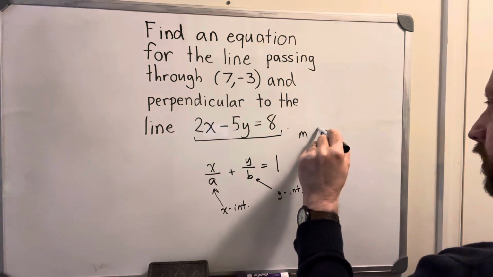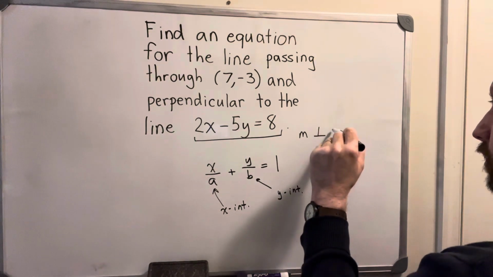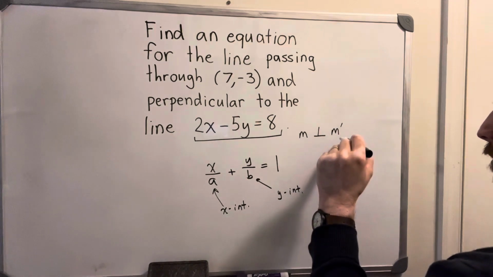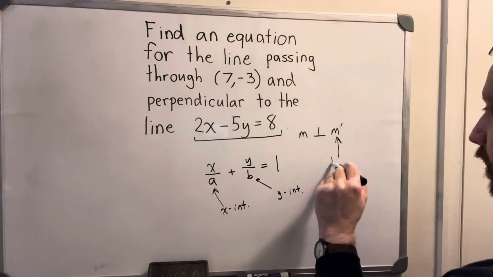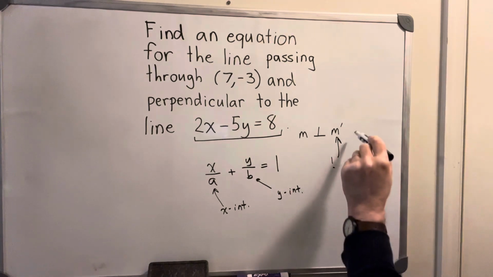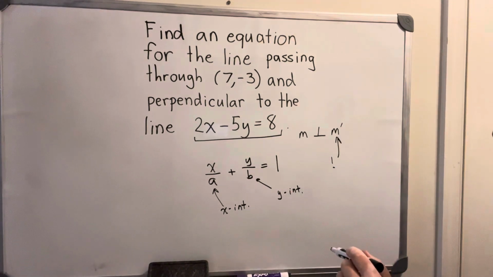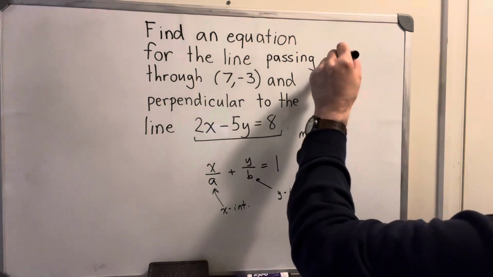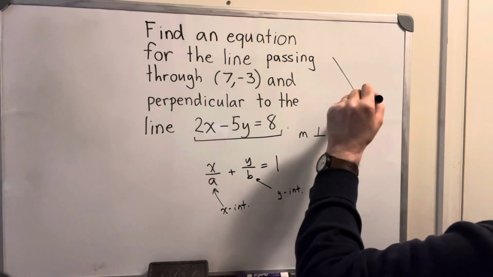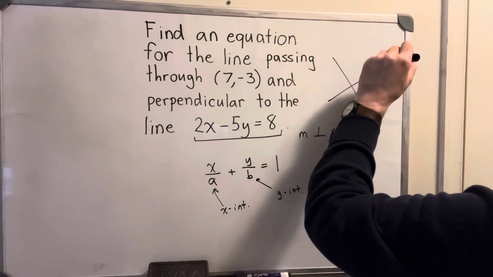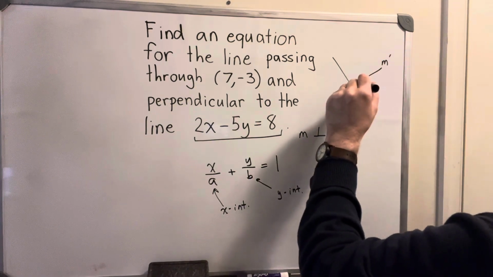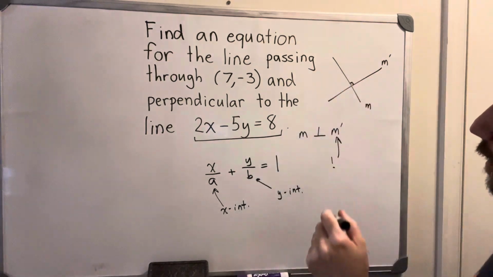And you know that it is perpendicular to, we'll call it M prime, the line that you are interested in. And here's a point where you need to know another theorem of perpendicular lines. Let's say this is M, and this is a line with slope M prime, and they are perpendicular.